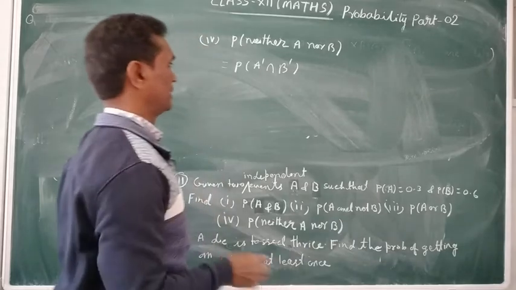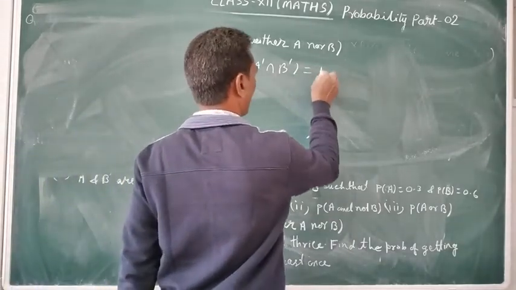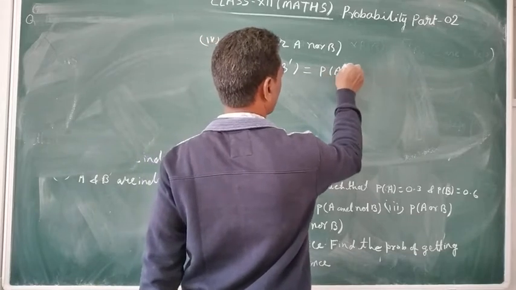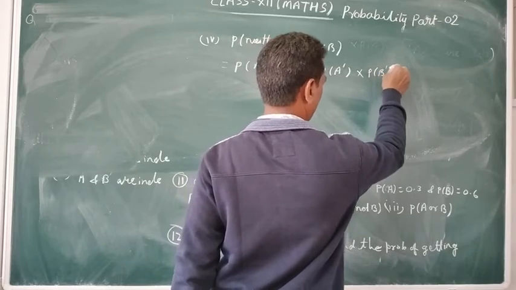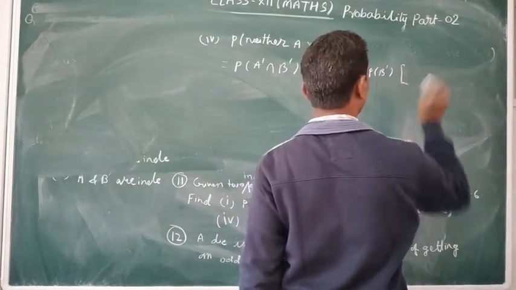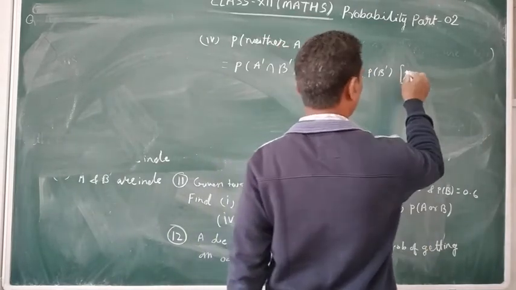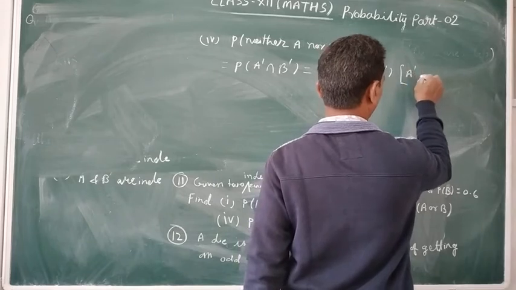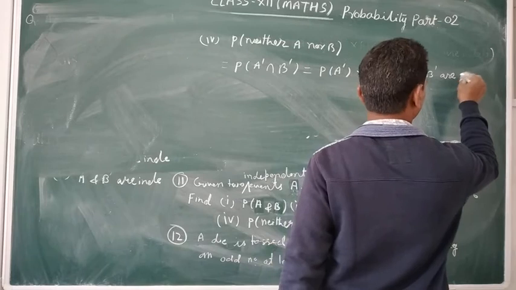This we have to find. So by applying the formula, probability of A dash into probability of B dash, the result we can give here, since A and B are independent, so A dash and B dash will also be independent.